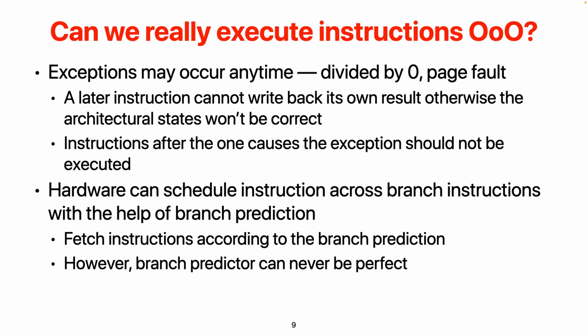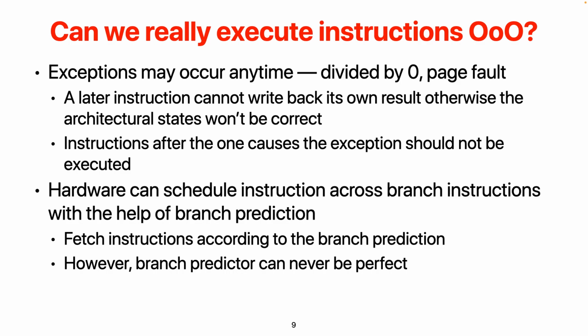So we don't want to get our execution result wrong, and you need some mechanism to retroactively recover from the mistake that the branch prediction made.